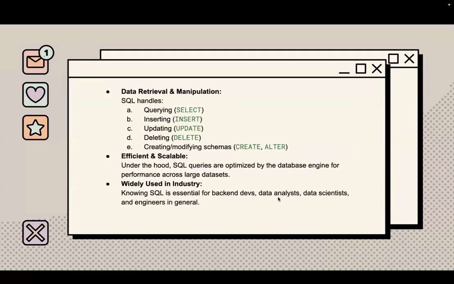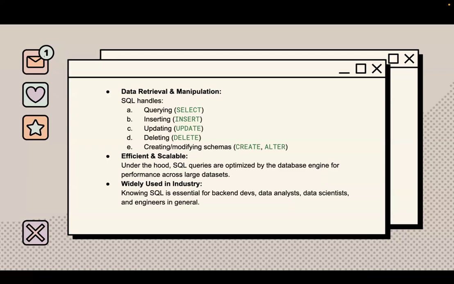So we would briefly look through what kind of operations SQL supports. So it handles querying, which helps you select or read a certain amount of data that you specified. And it also supports insertion, updating, and deletion. So basically, these four operations are the CRUD operations that people commonly discuss.